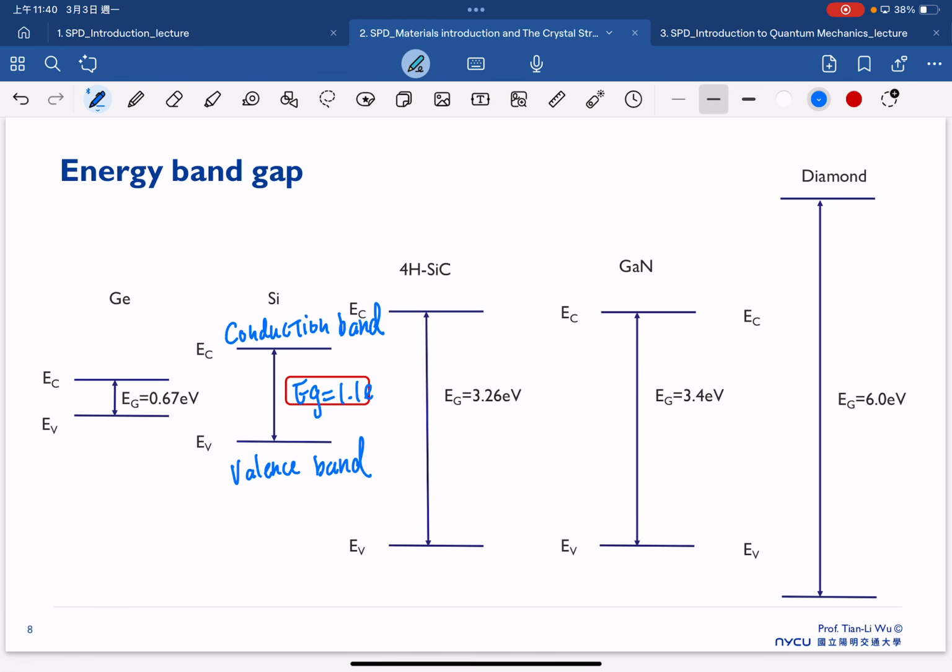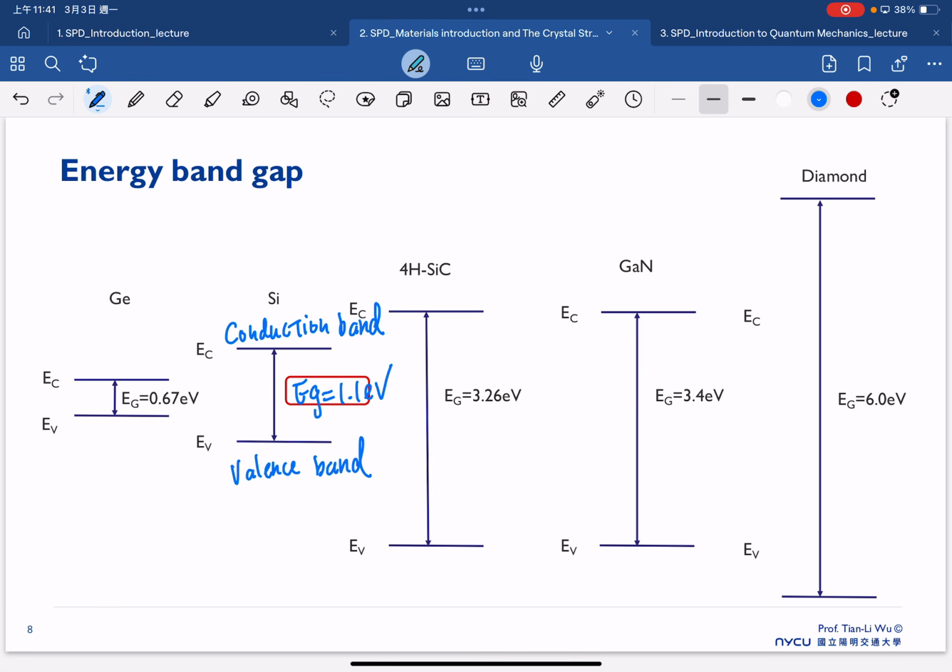In the case of silicon, we have a band gap of 1.1 electron volts. You can forget the band gap for the other materials, but you definitely need to remember the band gap for silicon, because we always use 1.1 electron volts as a reference to see whether other materials have a larger or smaller band gap.